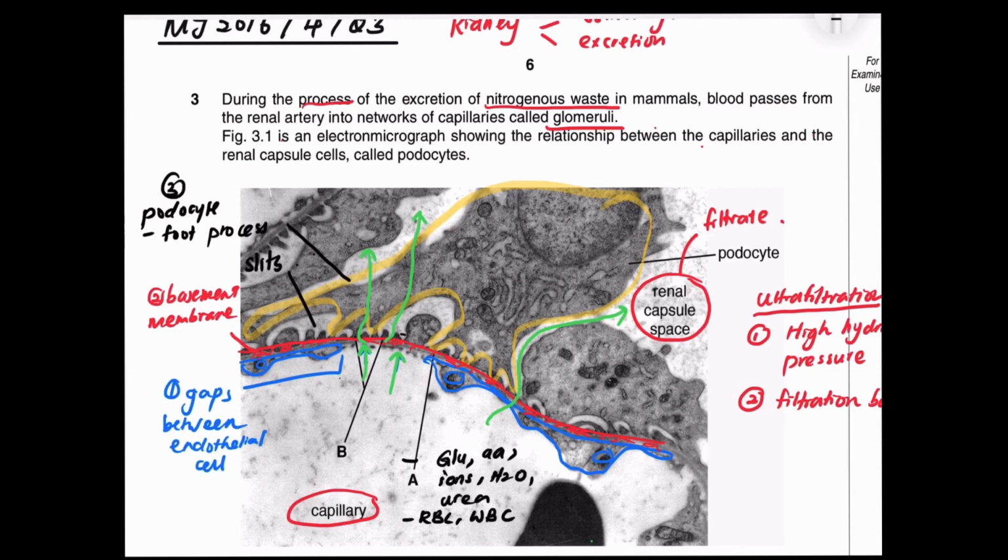So what are the molecules that can be forced through? So we know that small and water-soluble substances such as glucose can pass through, amino acid can pass through, ions can, water can, urea can. Except for who? Large plasma protein cannot pass through.